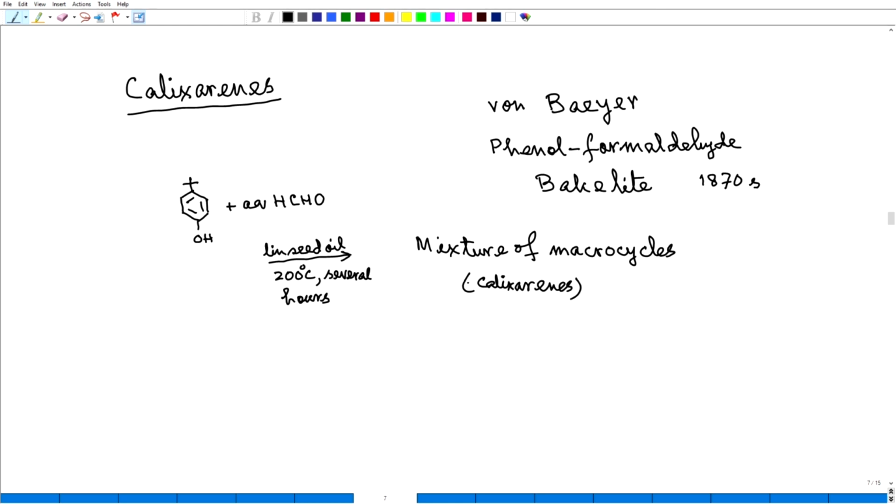So, we can get these macrocycles if in a controlled fashion we react para substituted phenol with aqueous formaldehyde. However, if the phenol is unsubstituted, then you get this plastic.